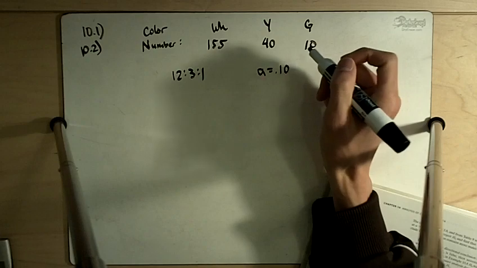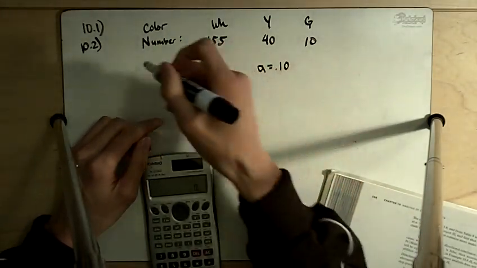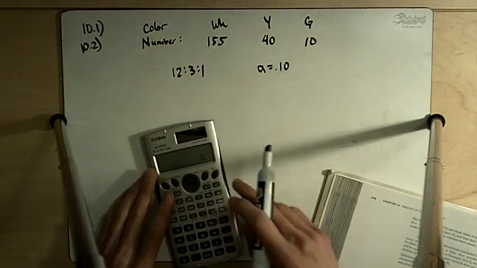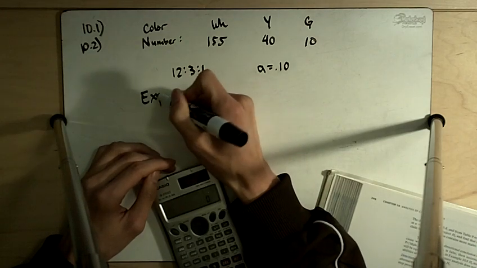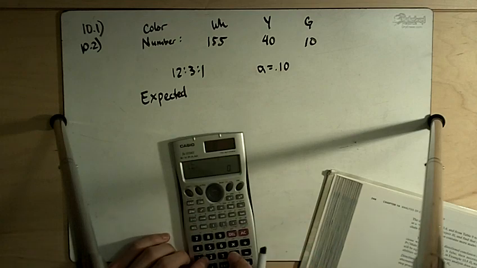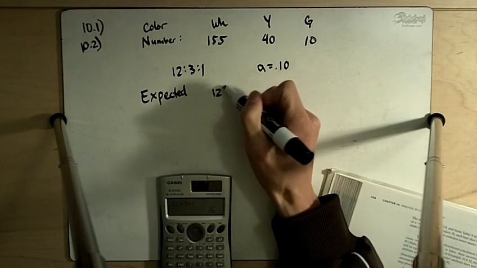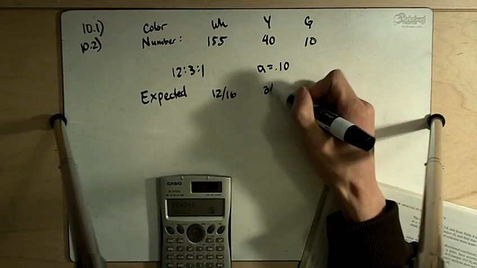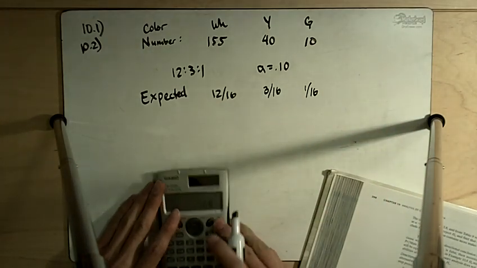So for this, we first have to find out what our expected numbers are. The frequencies that we counted are these numbers, and for expected, we have to find out what we need. If it's a 12:3:1, that means 12 out of 16 will be white, 3 out of 16 will be yellow, and 1 out of 16 will be green.